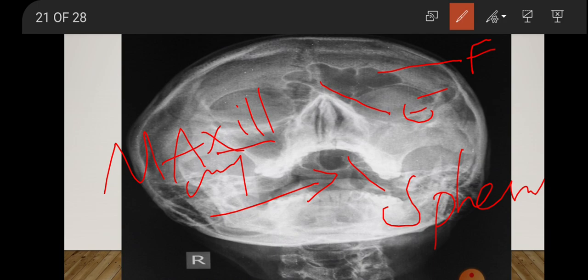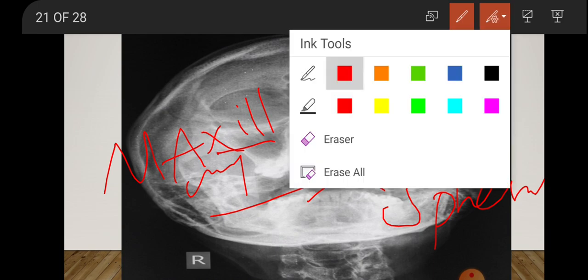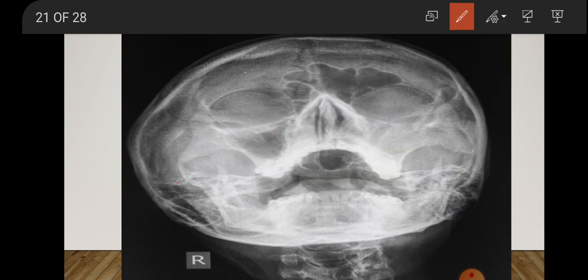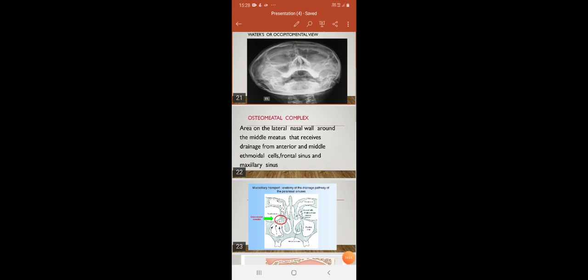So this is an occipitomental view or Waters view, in which the patient is asked to open the mouth and the X-ray is taken in order to visualize all the paranasal air sinuses: sphenoidal, frontal, ethmoid, and maxillary air sinus. So this view we call Waters view or occipitomental view.